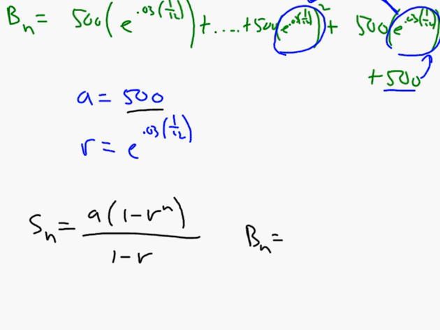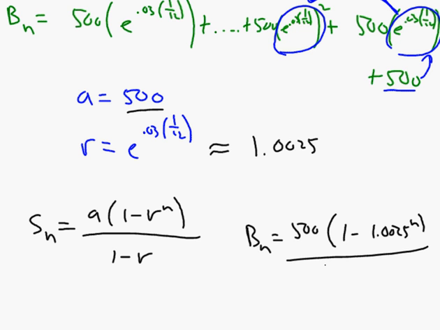Here's the 500. That's going to be my first term. And we know our common ratio. Now just to make this a little easier to look at, if you estimate this in a calculator, you get about 1.0025. That's how I'm going to write that. So 1 minus 1.0025 to the n over 1 minus 1.0025.